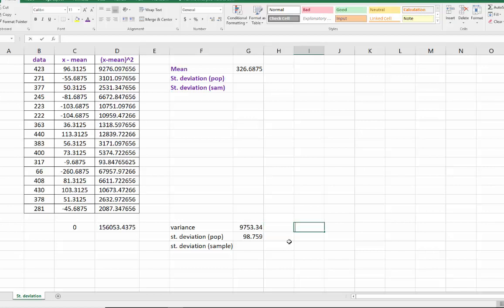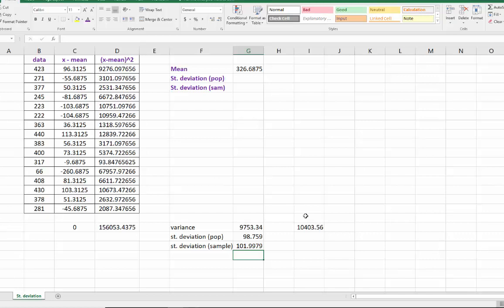I would do my sum over here, divide by 16 minus 1, that's 15. Now I will be taking the square root of this value right here. So if it's a sample, our standard deviation will be just a little bit higher. So that's how you would do it by hand, so to speak, by actually doing all the steps, not really by hand, but without actual commands.